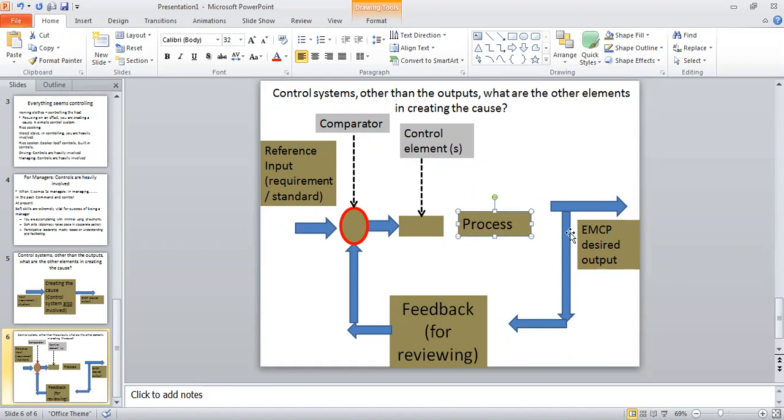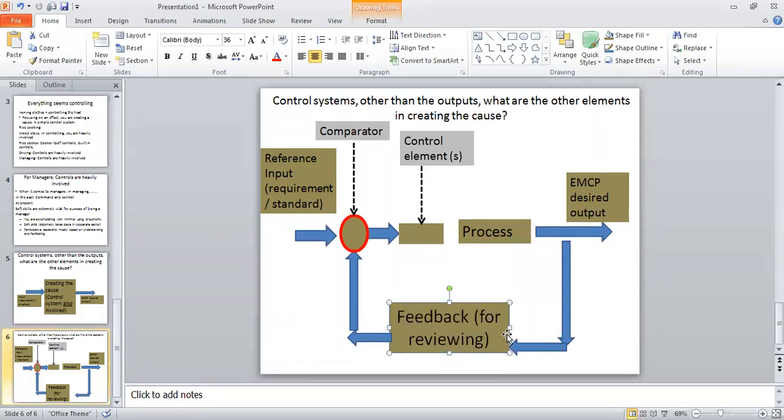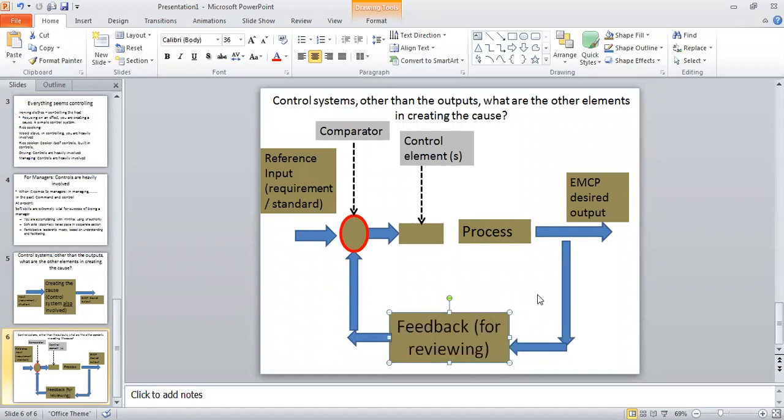So act on the processes. We can assure the desired output. So this continuous reviewing is very important. This control system is always in existence.